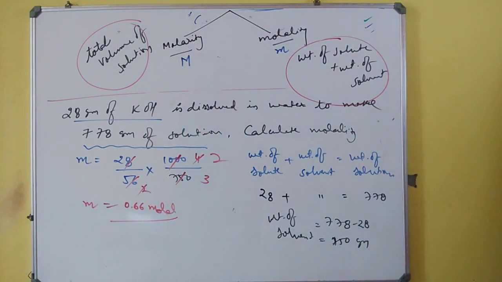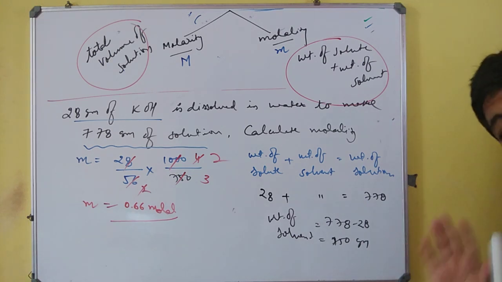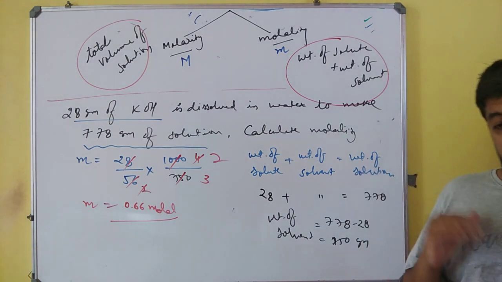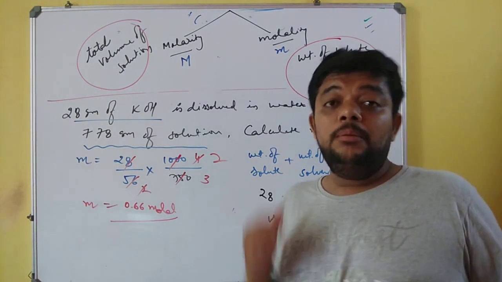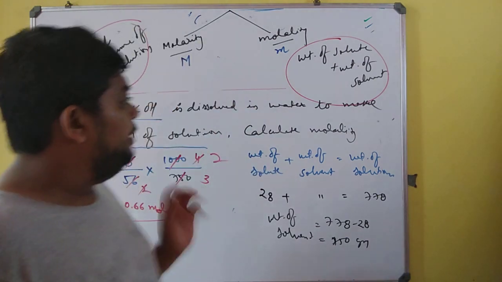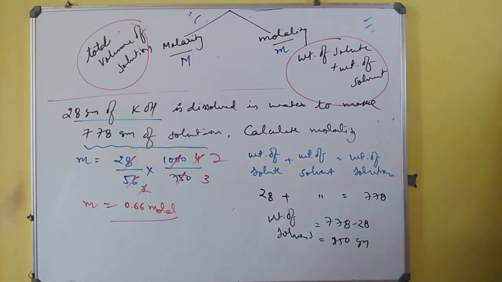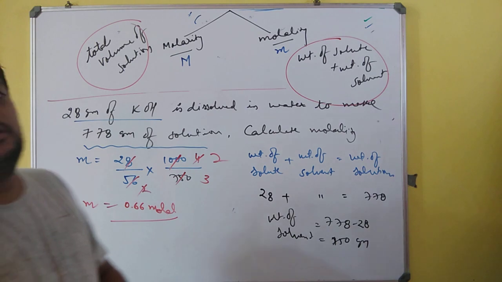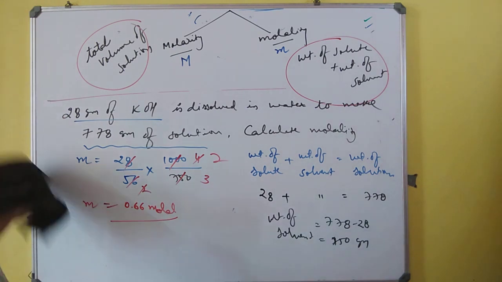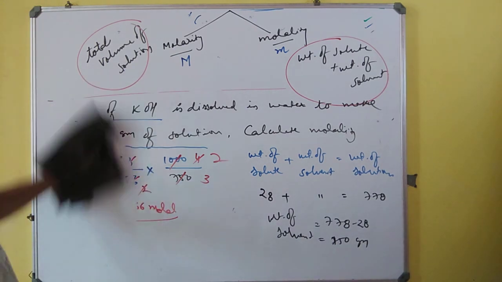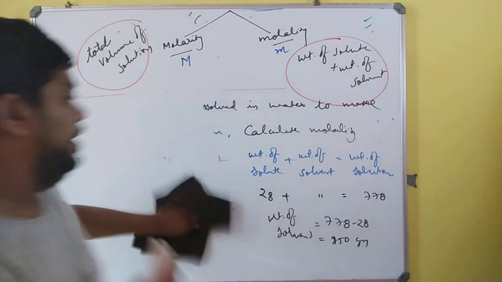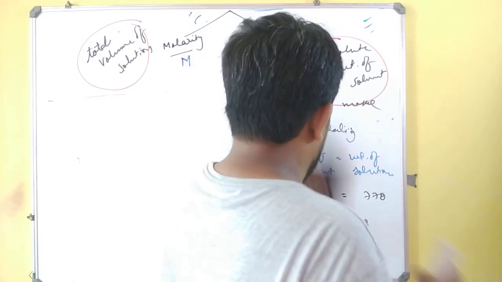Still, we will go with one more numerical in molality, and then we will shift a step up to molarity. Remember, in molality, the most important thing to determine is the weight of solvent. If you know it, it becomes very easy for you.